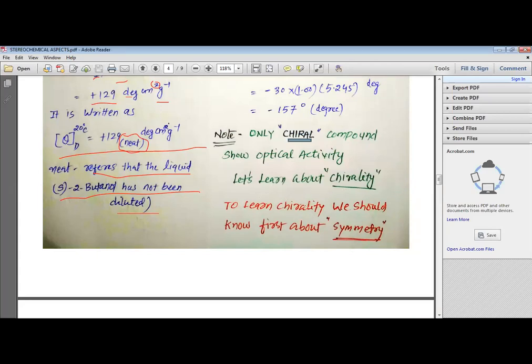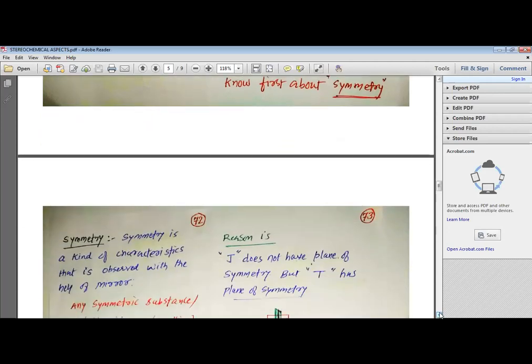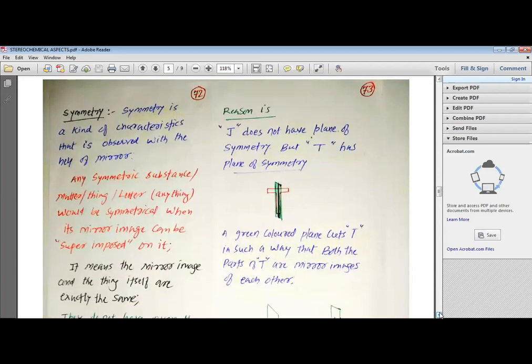To learn chirality, we should know first about symmetry. Let us learn one by one about these various terms, my dear students, and then we can move on. First, we should look at symmetry. Symmetry is a kind of characteristic that is observed with the help of a mirror.